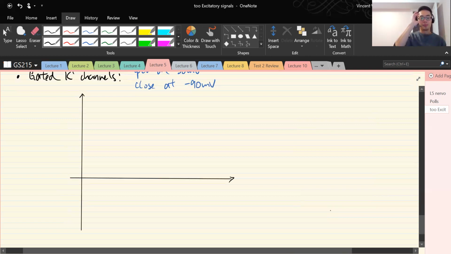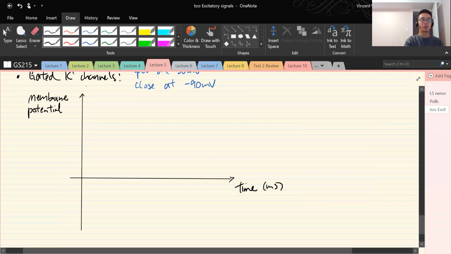So here we go. On the y-axis, this is going to be membrane potential. Potential just means charge difference. So this is the charge difference of the membrane, inside relative to outside. And then this is going to be time. Time is measured in milliseconds, very quickly. Think about how quickly you can remove your hand when you touch a hot surface.